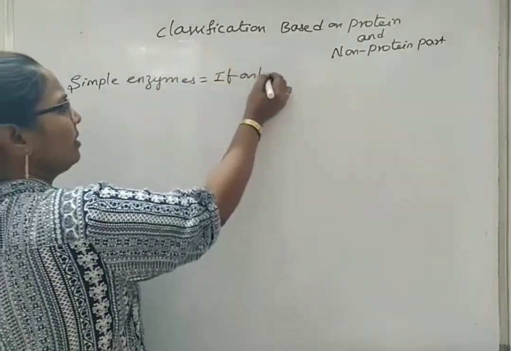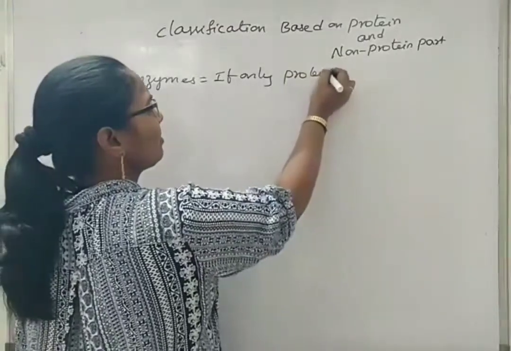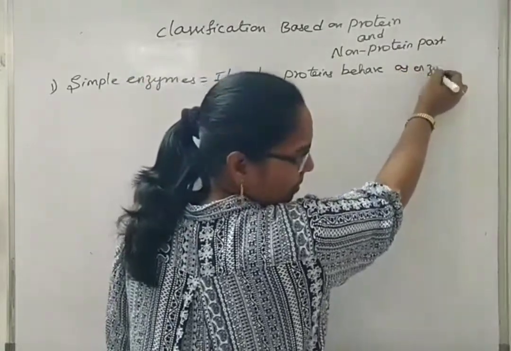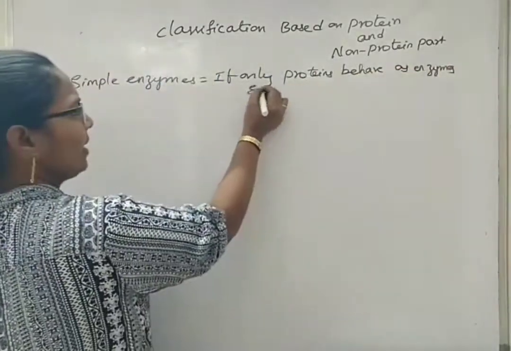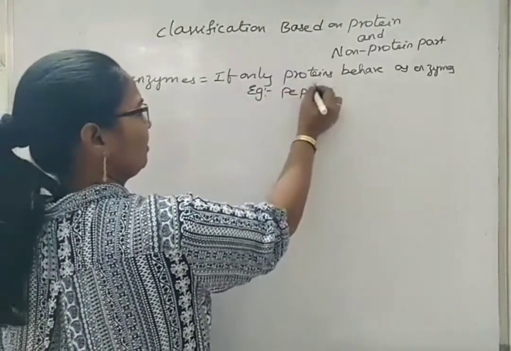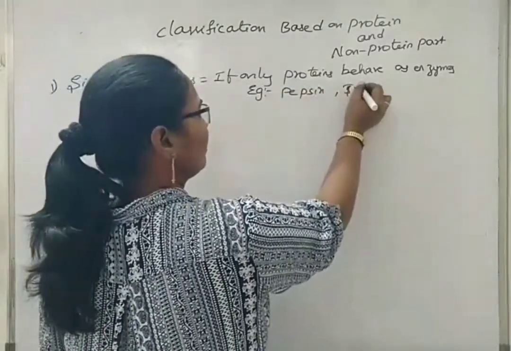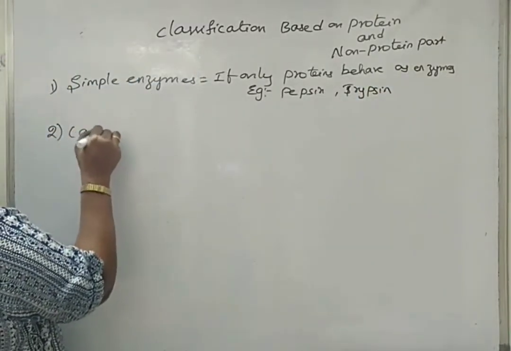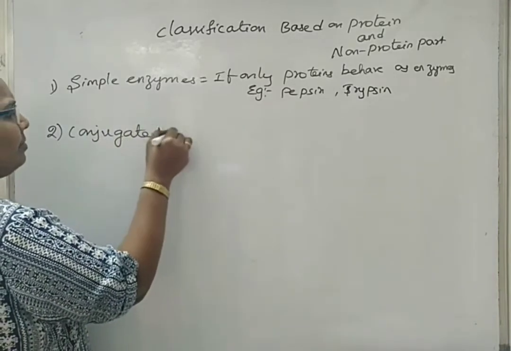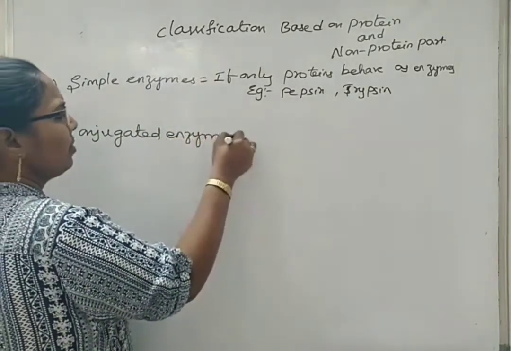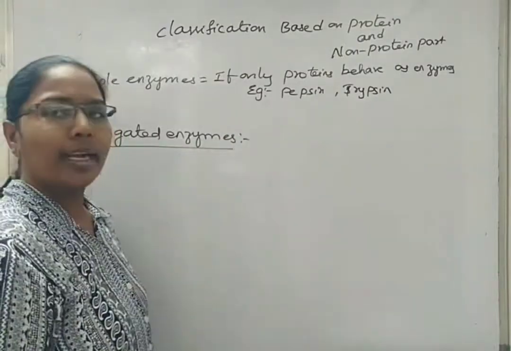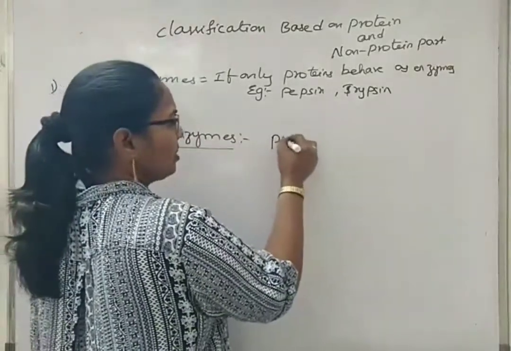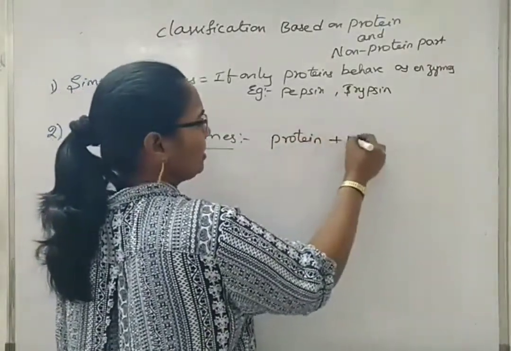If only proteins behave as enzymes, example we can take pepsin and trypsin. Then what about the conjugated enzymes? Conjugated enzymes have a protein part and a non-protein part also.